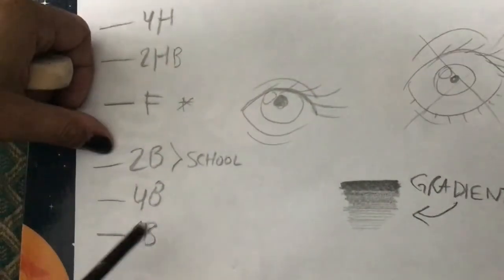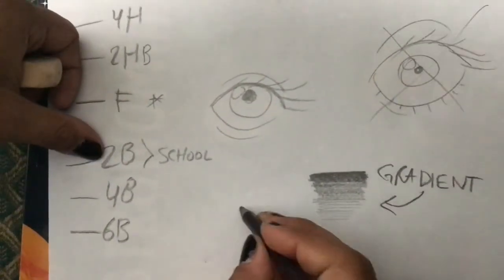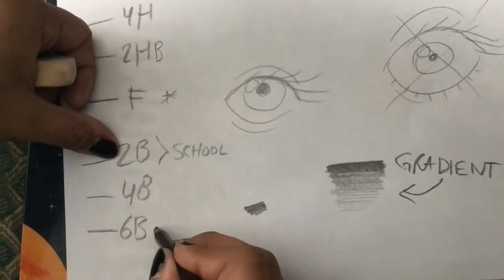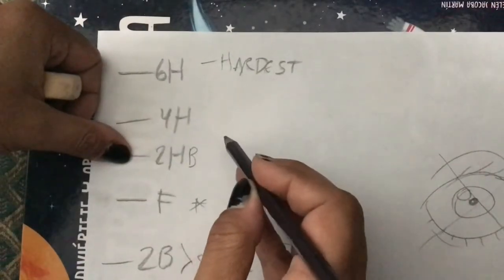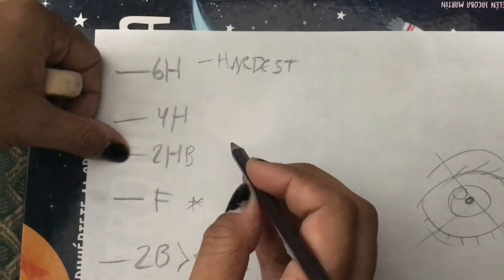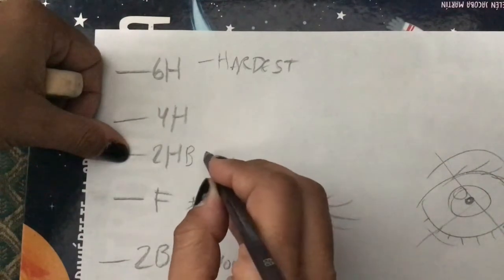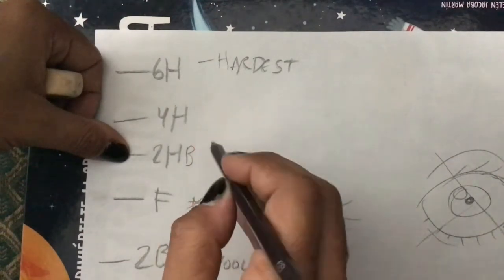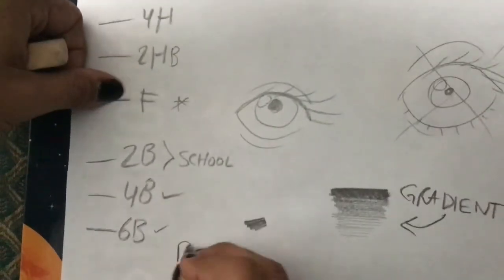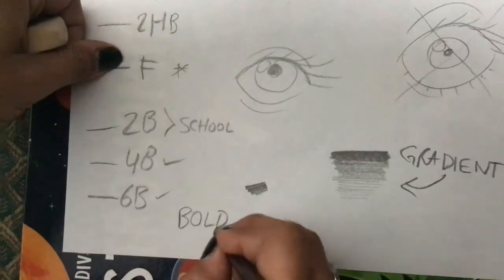What matters is that if you want a pencil that draws very dark, you choose one that has the letter B. If you want to draw very, very fine lines, very small details, you can use a pencil that has the letter H. H for hard, B for bold.